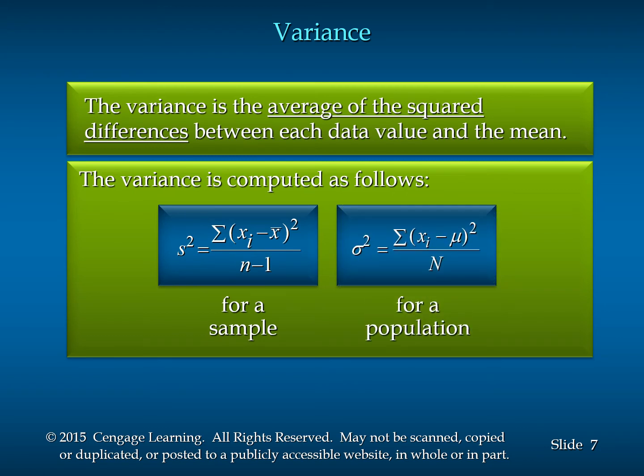Please note that the formula for the variance has an important difference between that of a sample and that of a population. That comes in the denominator. For a sample, we divide the sum by n-1, or the number of data points minus 1. For a population, we simply divide by capital N, the number of data points.